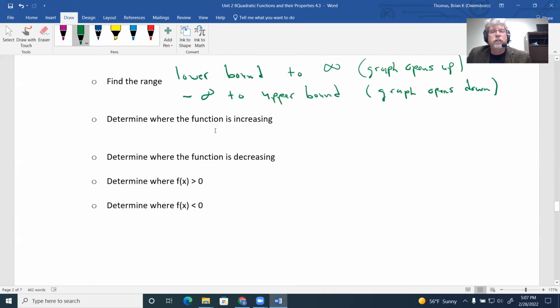Next, determine if the function is increasing or decreasing. Remember, we have to look from left to right, so your vision should be going from left to right. If the graph is rising, then it's increasing.